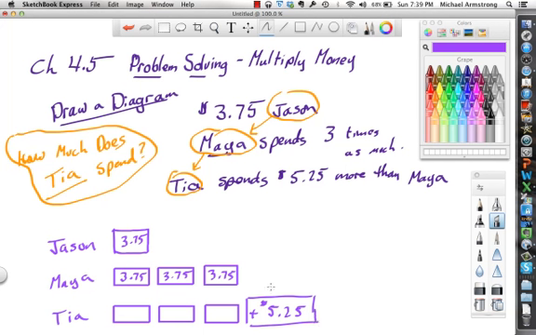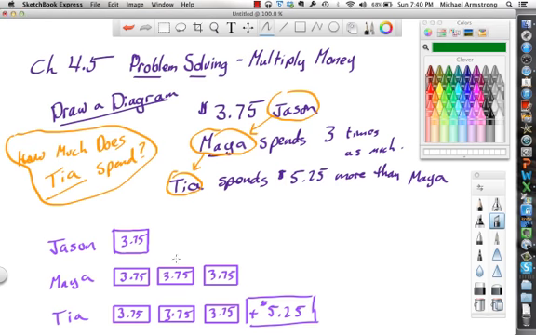Let's make the box bigger so we can tell, because it's a different amount. These amounts are all $3.75. Everything in one of these boxes is $3.75. Let's do it right. $3.75. Okay.